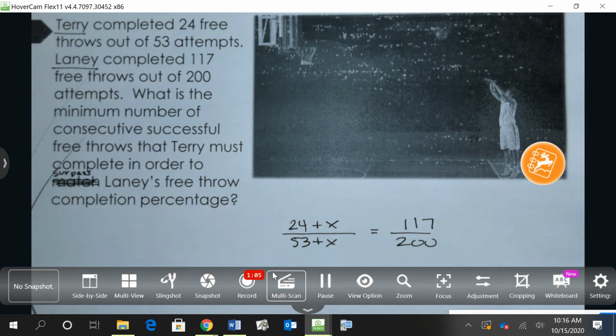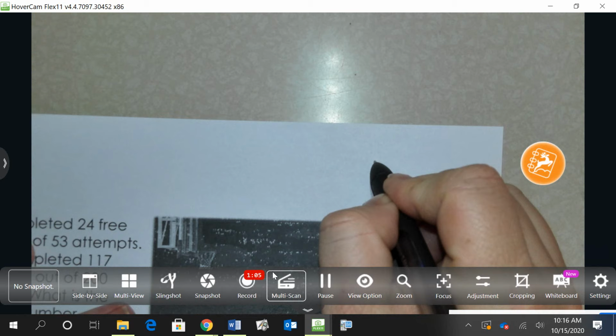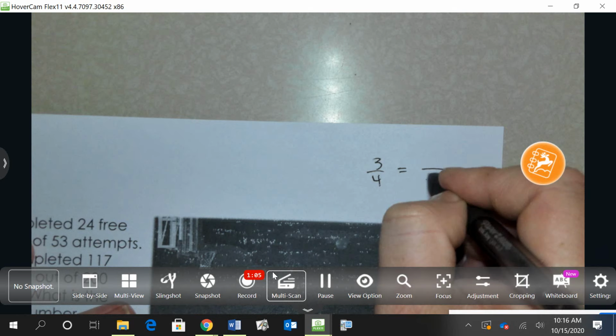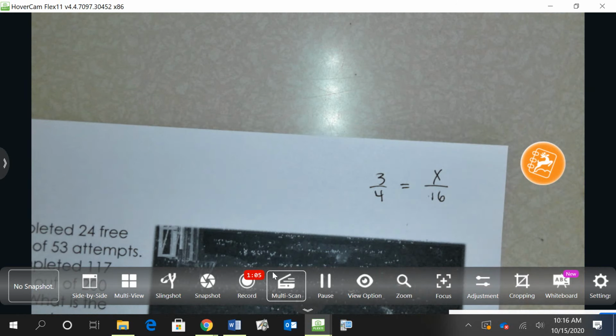So to solve this, let's take a break here and let's come right up here. If I gave you this and I said, please solve for x.